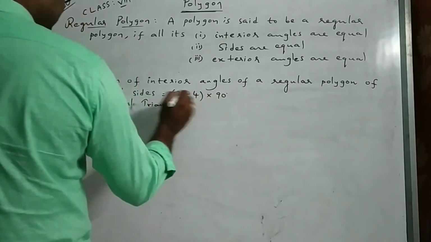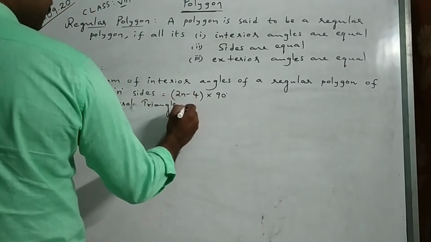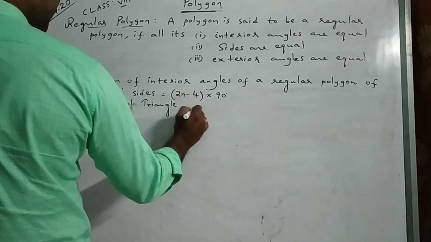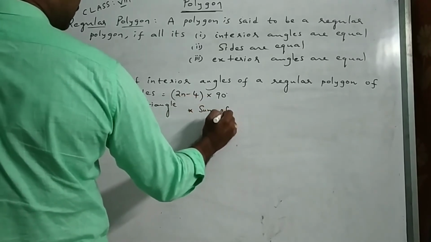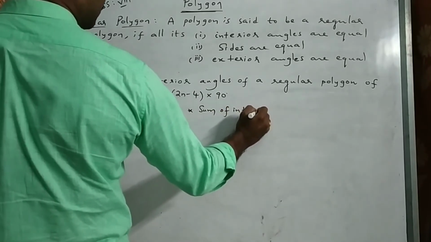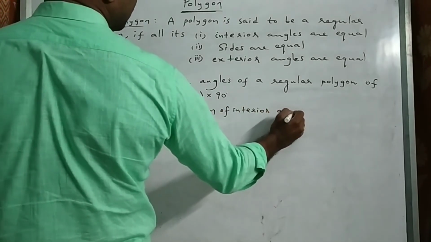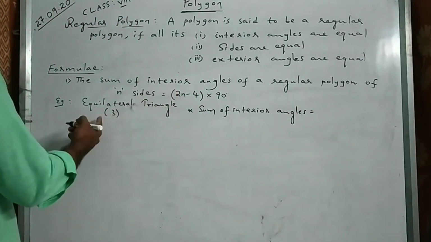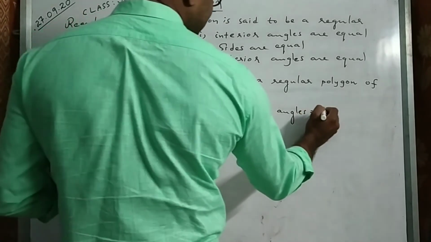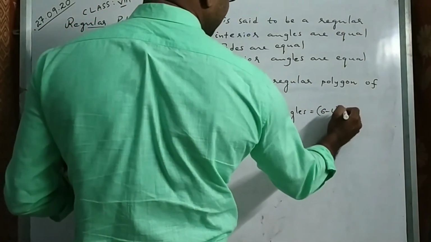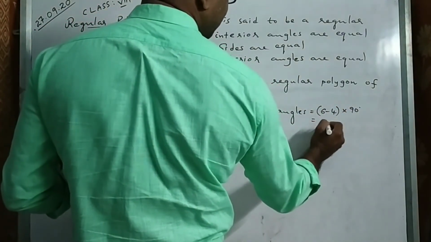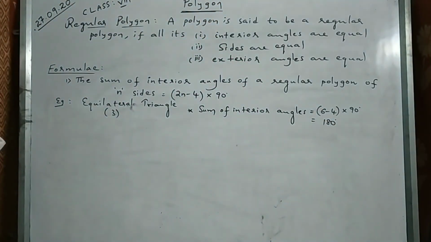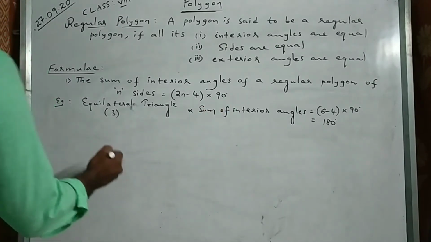So find out the sum of interior angles. In this formula, in the place of n keep 3: 2 into 3 is 6, minus 4, into 90. So 2 into 90, how much? 180. We know that the sum of interior angles of a triangle is 180 degrees, right?